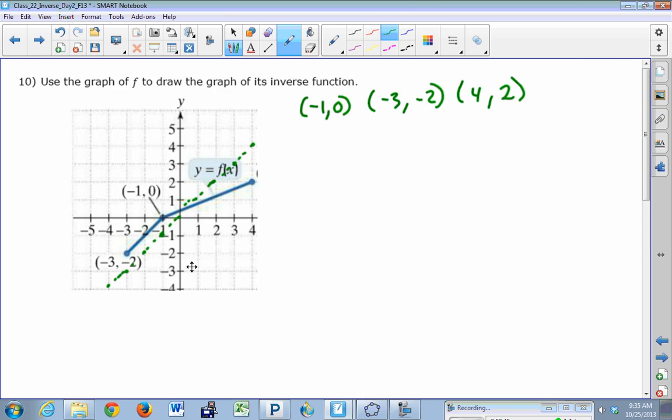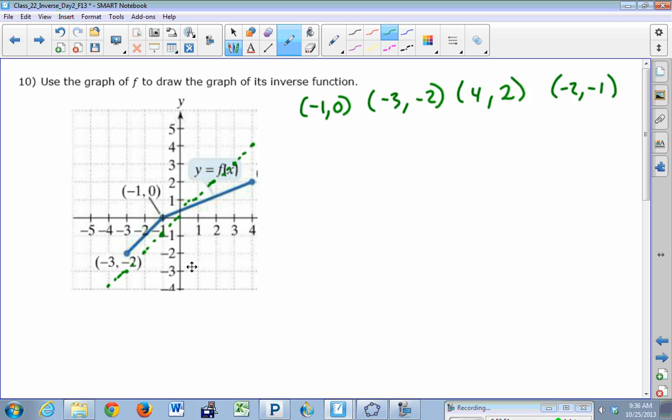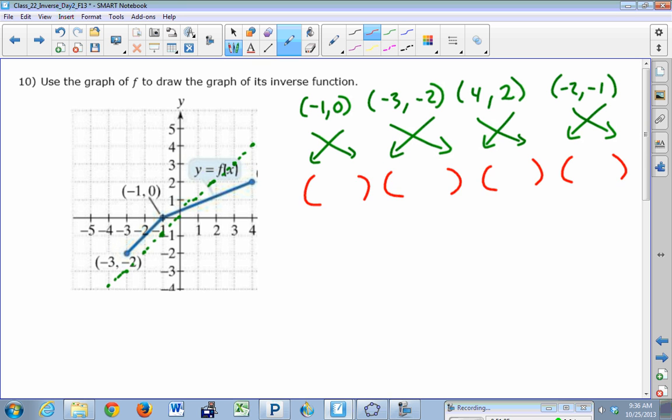Okay, and now swap. Do your swap-aroos. So we're going to swap-aroo, and I'm going to call this my inverse function, which I'll highlight in a different color, red. And it will be 0, -1, -2, -3, 2, 4, -1, -2.